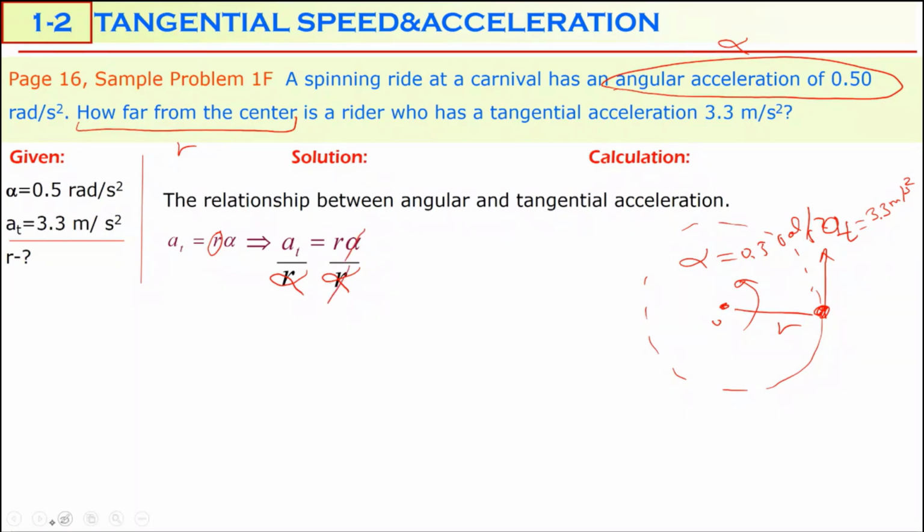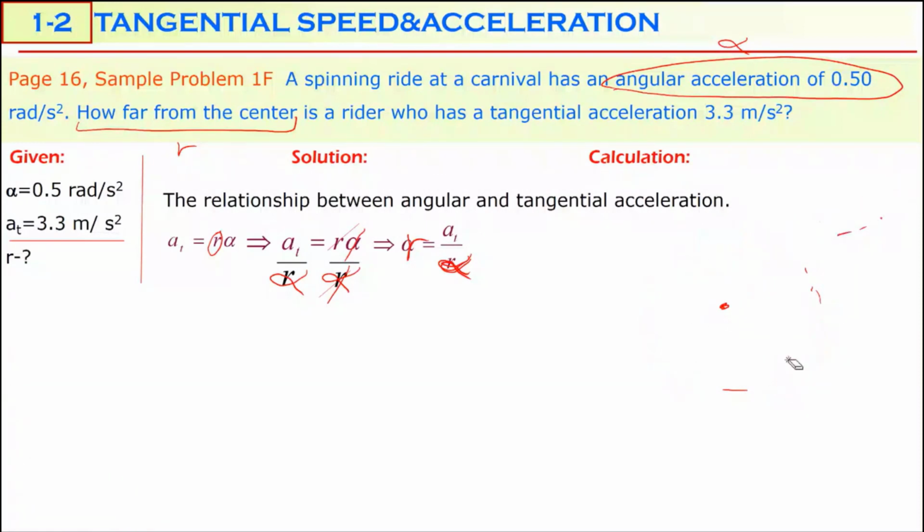R is equal to AT divided by alpha. We know what AT, tangential acceleration, is, so we calculate here. AT is given as 3.3.